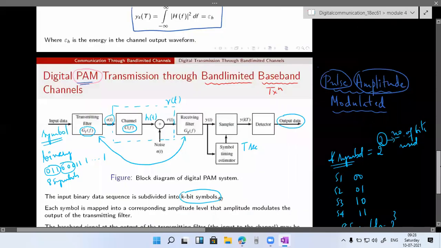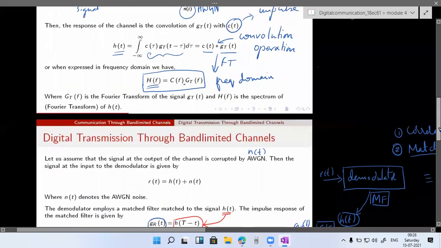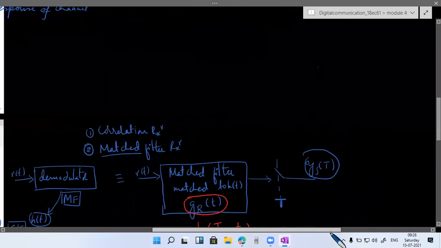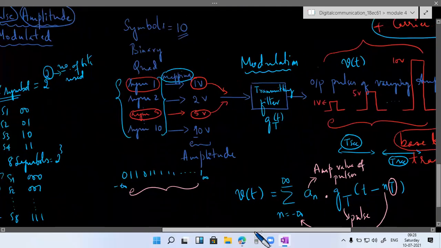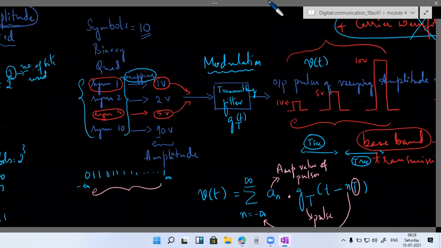Or in other words, I can map all these symbols onto a specific amplitude value.